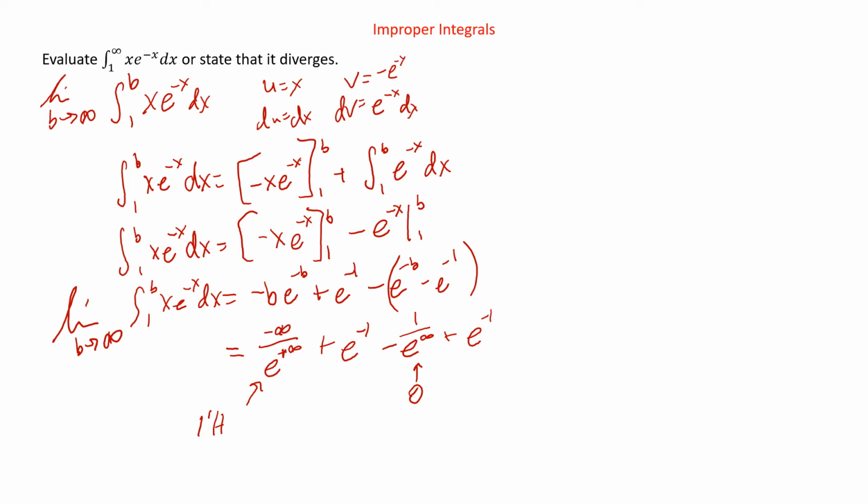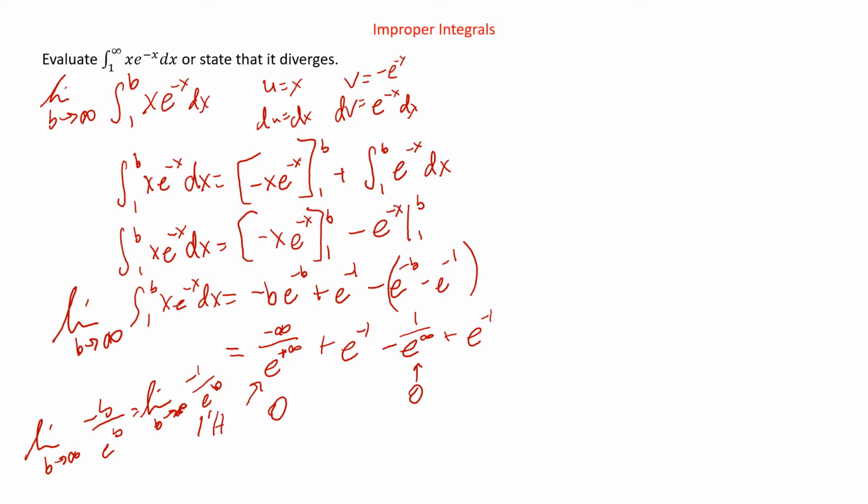L'Hopital's rule. So we have negative b over e to the b as the limit as b goes to infinity. So b is the variable here. We can take the derivative, top and bottom. So that'll give us the limit as b goes to infinity of negative 1 over e to the b, which is negative 1 over e to the infinity, which ends up equaling 0.